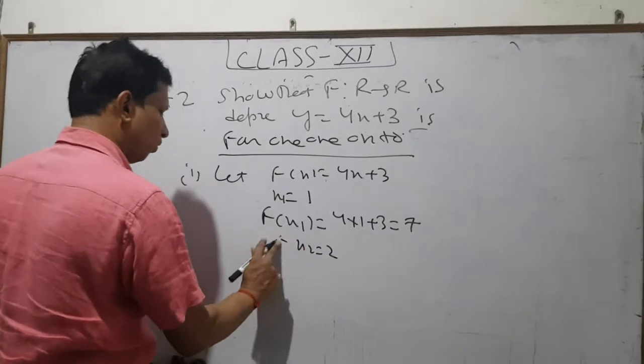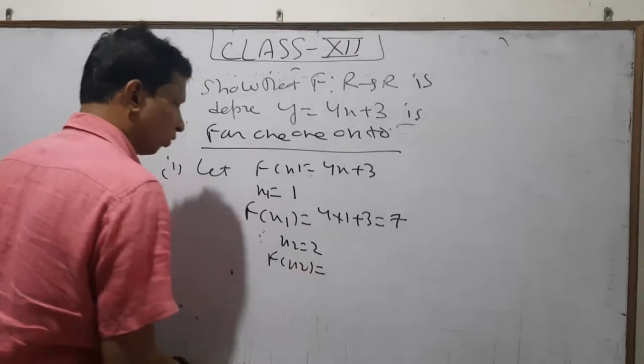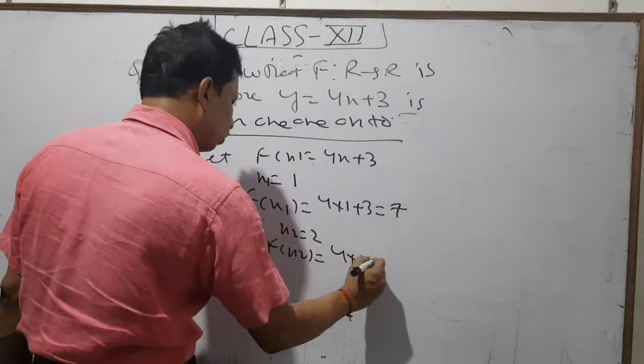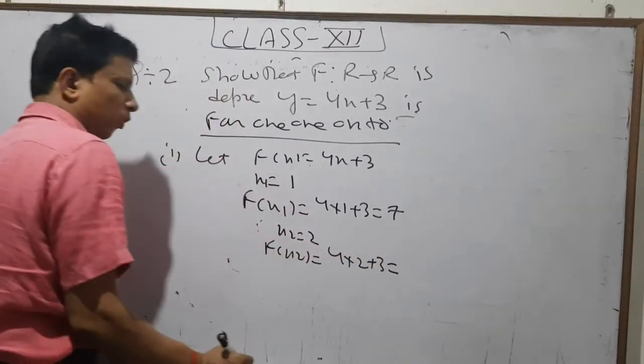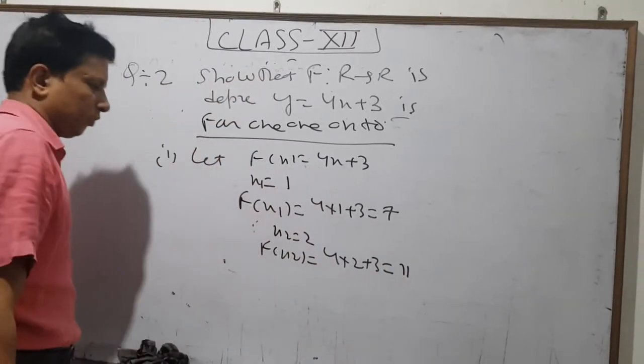If x2 is 2, then find the value of f(x2): 4 into 2 plus 3, 4 times 2 is 8 and 3, 11.